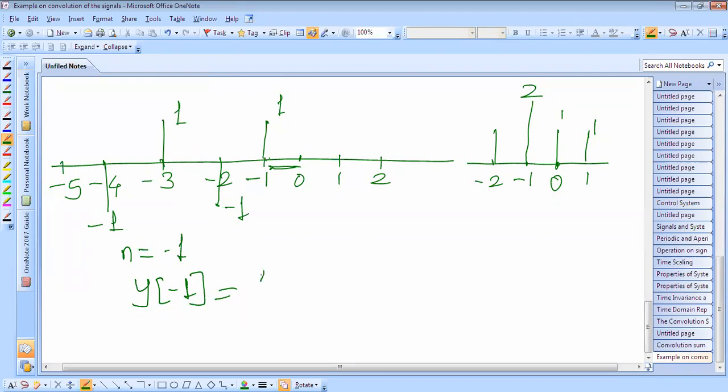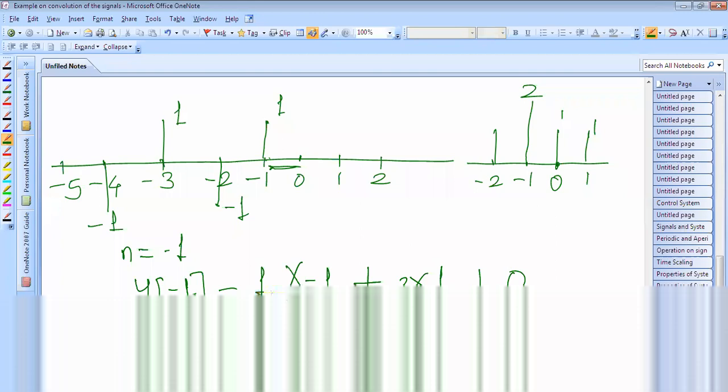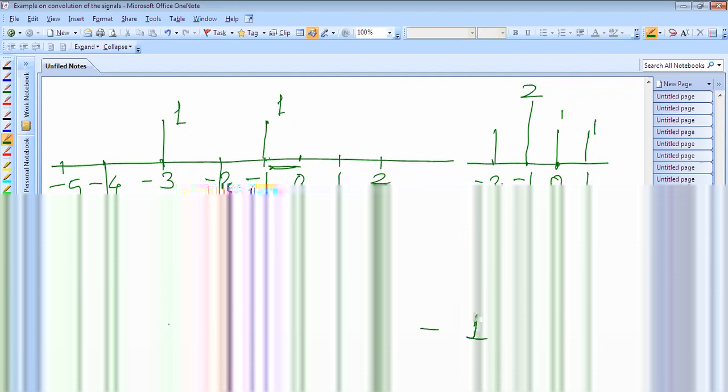So +1 into -1, plus again at -1 the magnitude is 2, so 2 into 1. Plus the rest of the signals are 0, so 0 multiplied by this 1 will also be 0. So the output y of -1 is equal to -1 plus 2, which is equal to 1. So y of -1 is equal to 1.